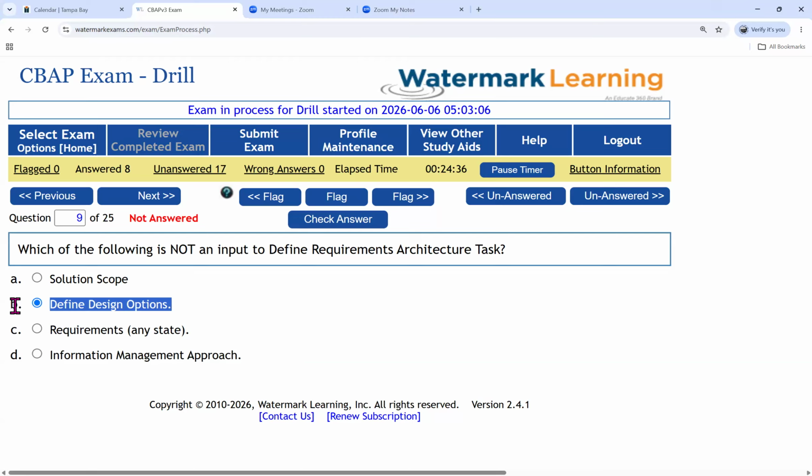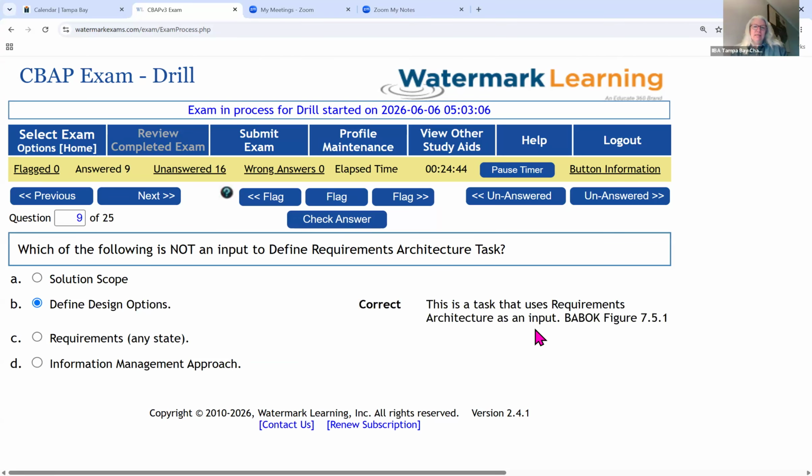I'm not so sure about this one. Okay. Let's test B and we'll all learn together, okay? So this is a task that uses requirements architecture as an input. It does not need define design options. Amarachi, I'd encourage you to just study the inputs to this task.